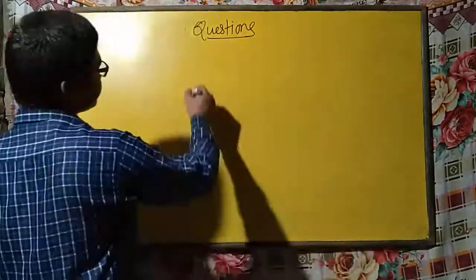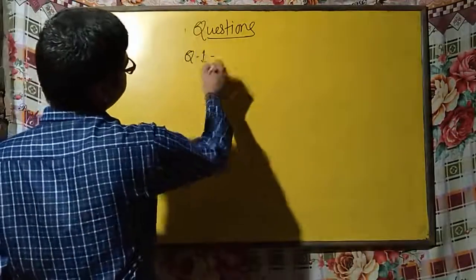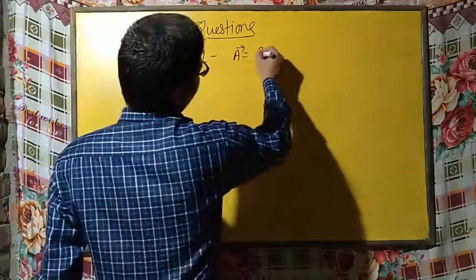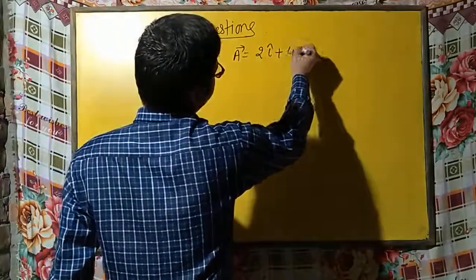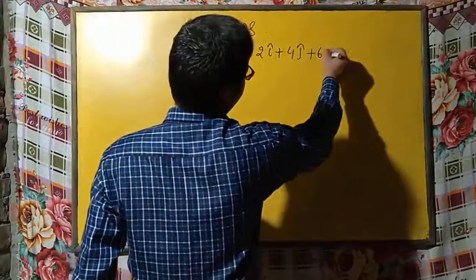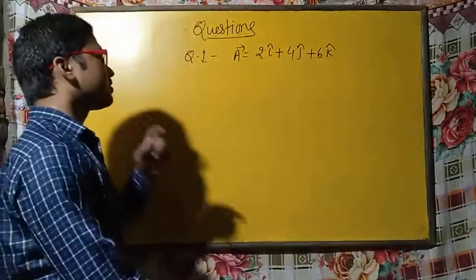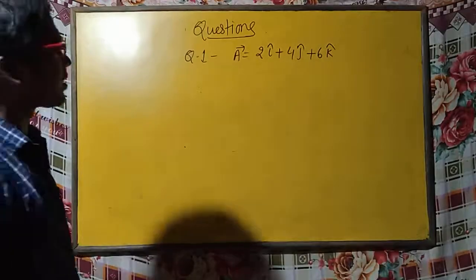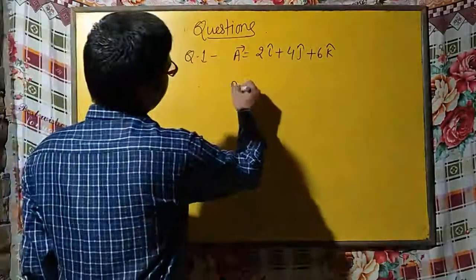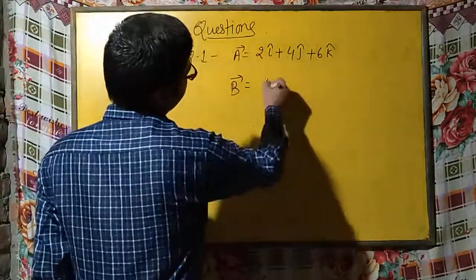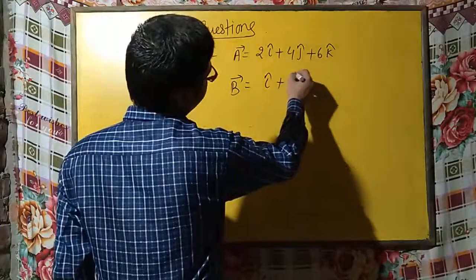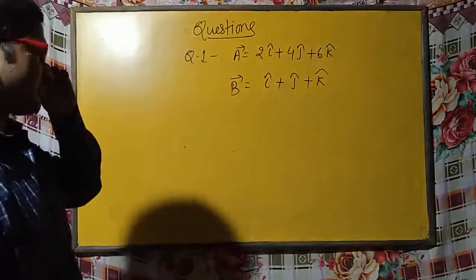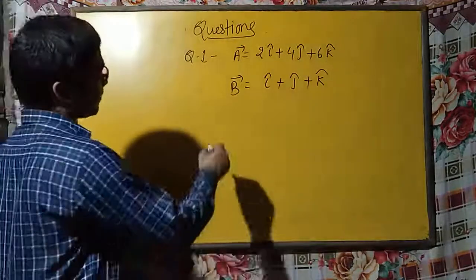So let's see question number 1. Suppose a is equal to 2i plus 4j plus 6k. We are taking these vectors arbitrarily because you can choose any vector according to your choice, and b is equal to i plus j plus k. Suppose you can take it like this for simplicity.